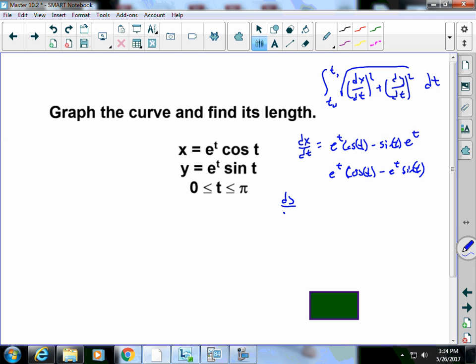dy/dt, well, it's the same sort of process. Derivative of e to the t is e to the t sine t. Derivative of sine t is plus cosine t times e to the t. And again, we'll clean it up to put the e to the t's in front. Just makes it a little easier to see what we have. So, e to the t, wow.